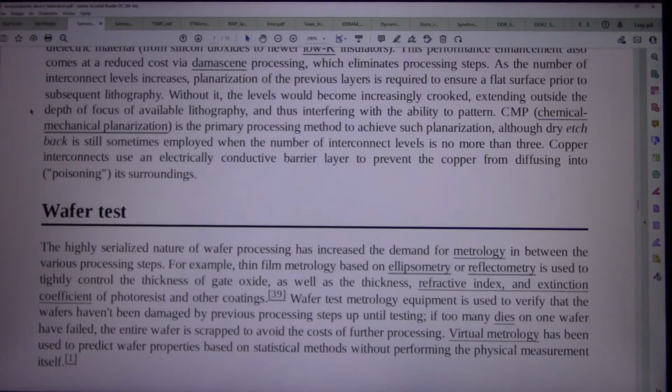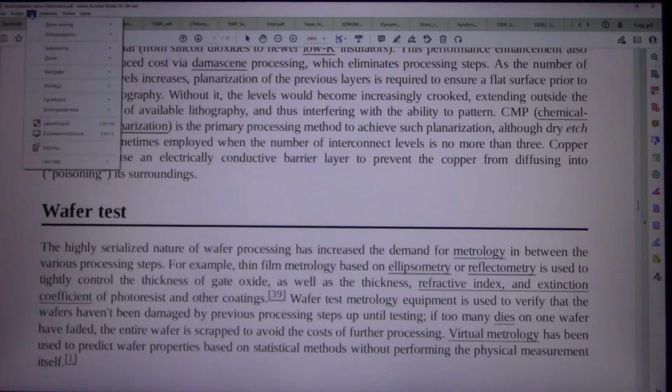CMP, chemical mechanical planarization, is the primary processing method to achieve such planarization, although dry etch back is still sometimes employed when the number of interconnect levels is no more than 3. Copper interconnects use an electrically conductive barrier layer to prevent the copper from diffusing into and poisoning its surroundings.